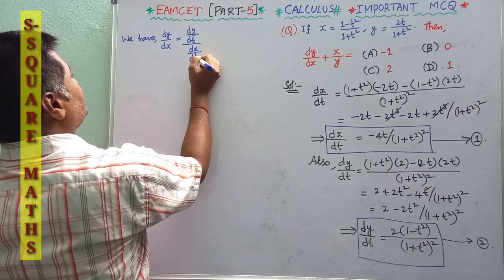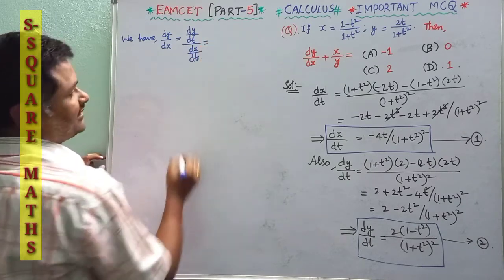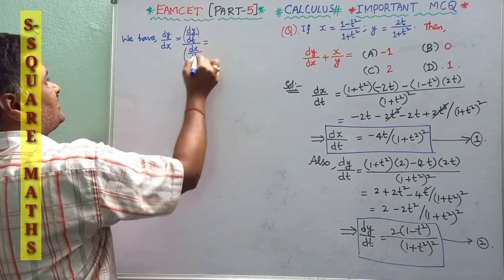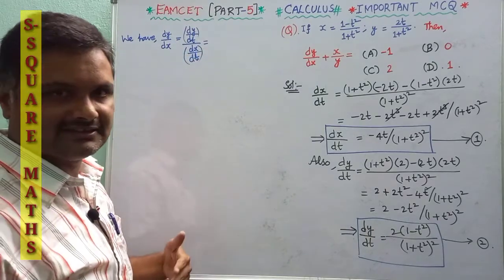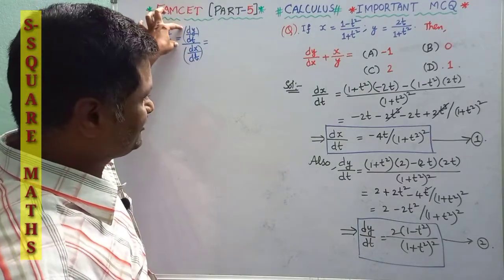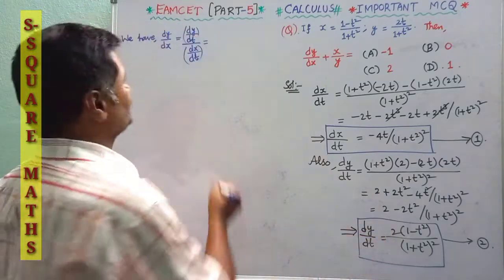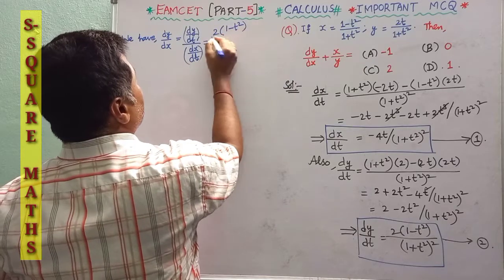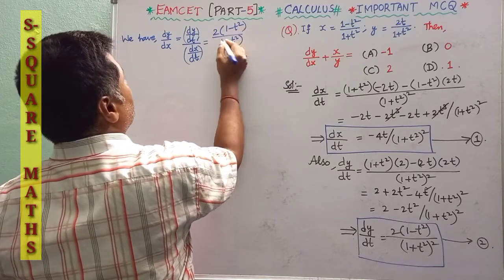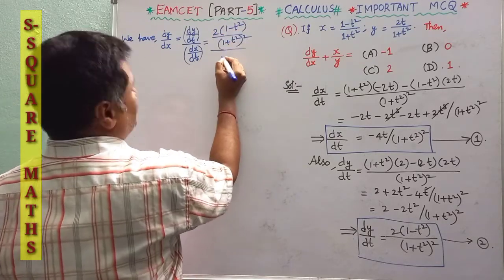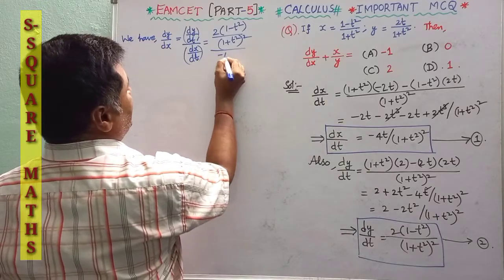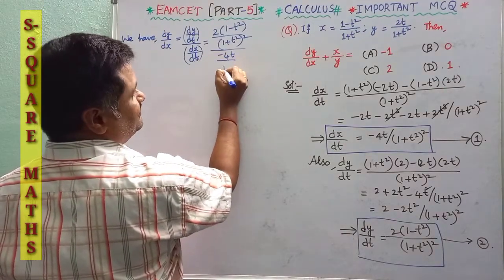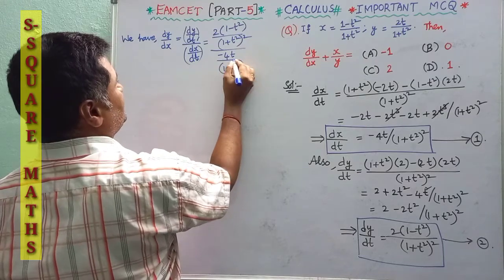So dy by dt is nothing but, placing it in a bracket so that we can analyze easily, 2 of (1 minus t square by 1 plus t square) the whole square by minus 4t by (1 plus t square) the whole square.